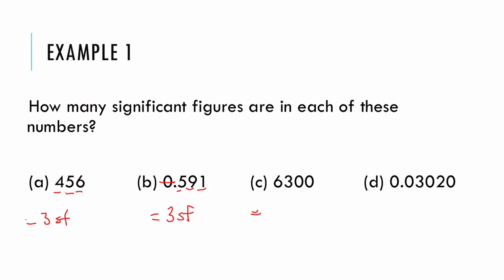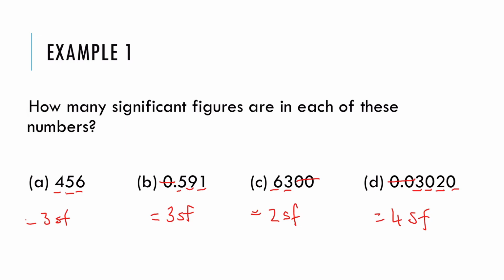In part C, our 2 non-zero numbers are always significant. Trailing zeros in a whole number are never significant, so we can forget about them. This has 2 significant figures. And in our last one here, leading zeros are never significant. We have our 2 non-zero numbers, we have a trapped zero, and we know that trailing zeros are significant in a decimal. So that also counts to give us 4 significant figures.